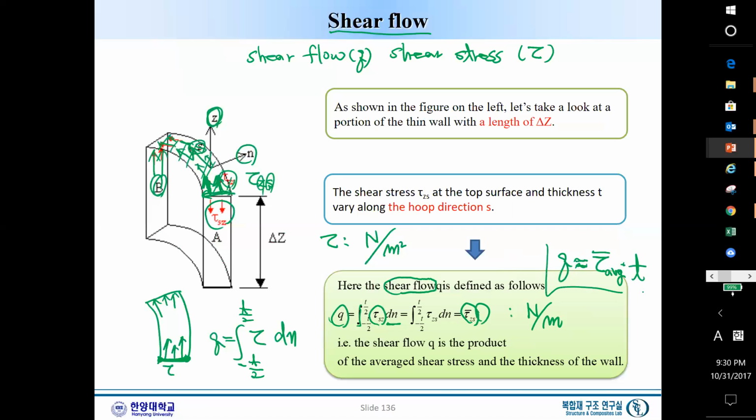This is the important concept of the definition of shear flow.